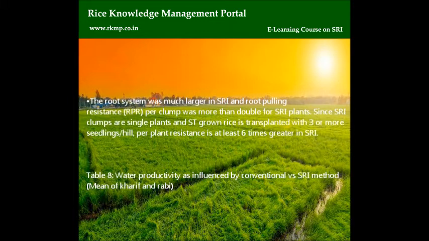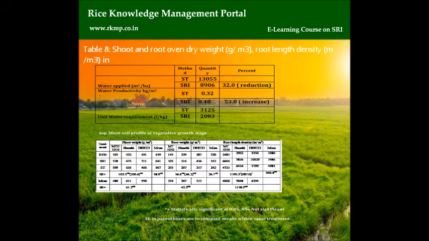Water productivity as influenced by conventional versus SRI method. Mean of Kharif and Rabi. Shoot and root oven dry weight, gram per cubic meter. Root length density, meter per cubic meter, in top 30 cm soil profile at vegetative growth stage.